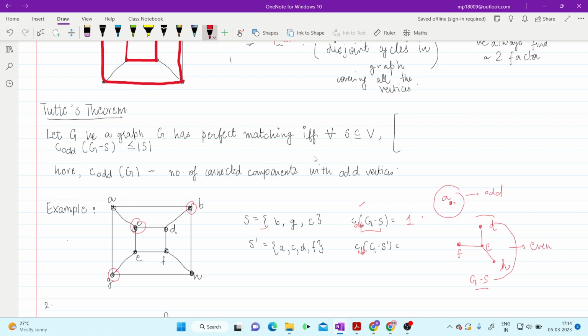Now what about if I remove A, C, D, F? Now what is the number of connected components, and the number of odd connected components?